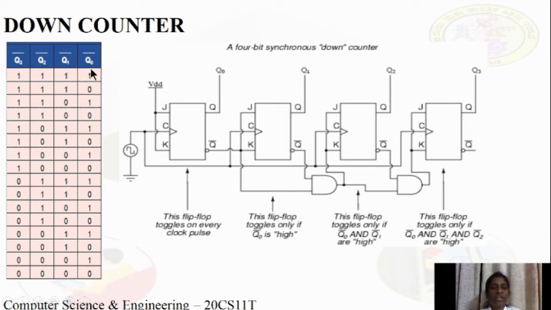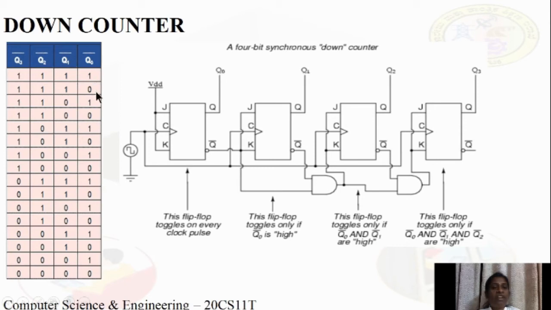For that purpose, we will put it as bar here. Let us observe the Q0 values. Here, Q0 bar values will be changing for every clock pulse. Toggles for every clock pulse. 1 idre 0 aitu, 0 idre 1 aitu.